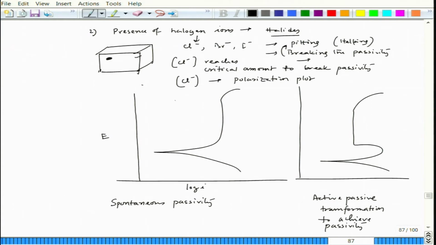So, for example, if I try to see this part, you have the anodic line, let us say this is the anodic line, and the cathodic line, let us say this one is the cathodic line. Okay. So, this is the cathodic polarization line, and this is the anodic polarization line.